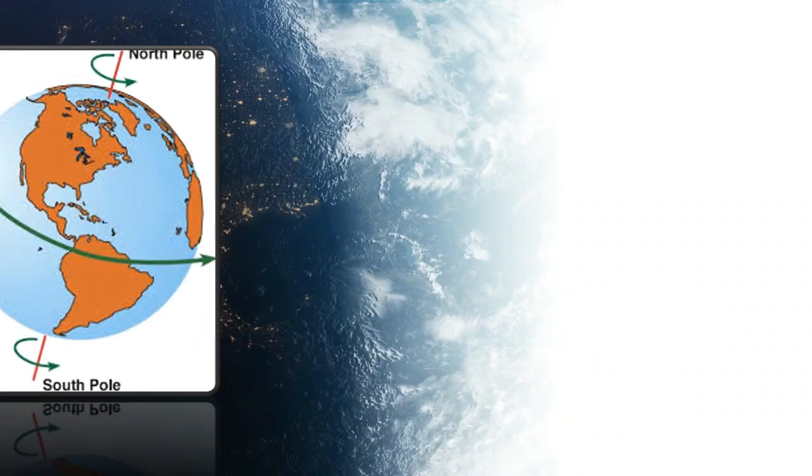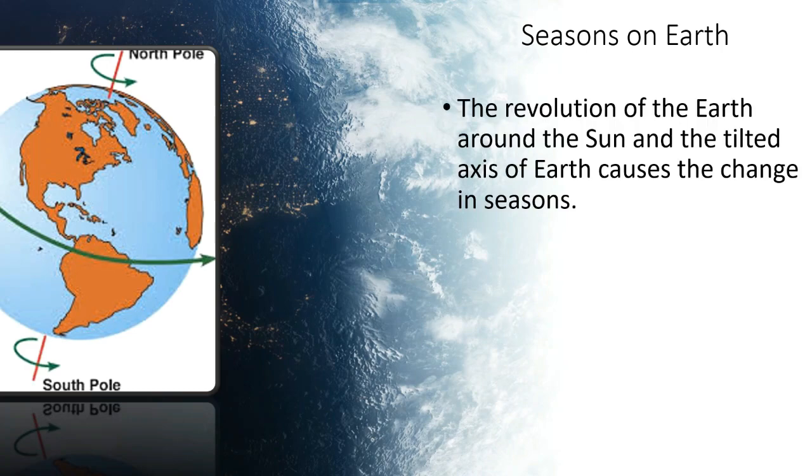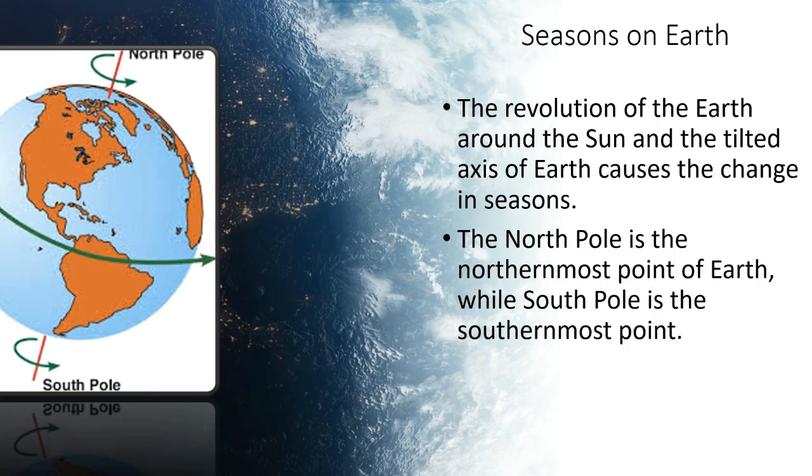The revolution of the Earth around the Sun and the tilted axis of the Earth causes the change in seasons. The North Pole is the northernmost point of the Earth, while South Pole is the southernmost point. The equator is an imaginary line running through the center of the Earth.